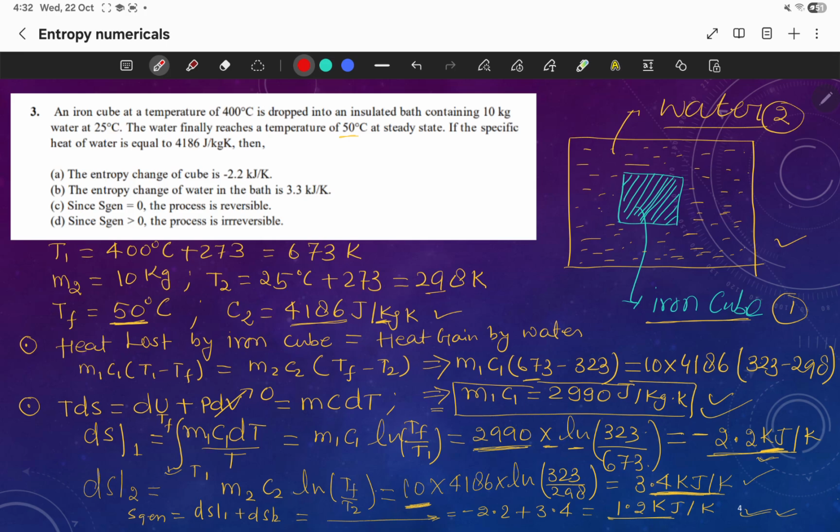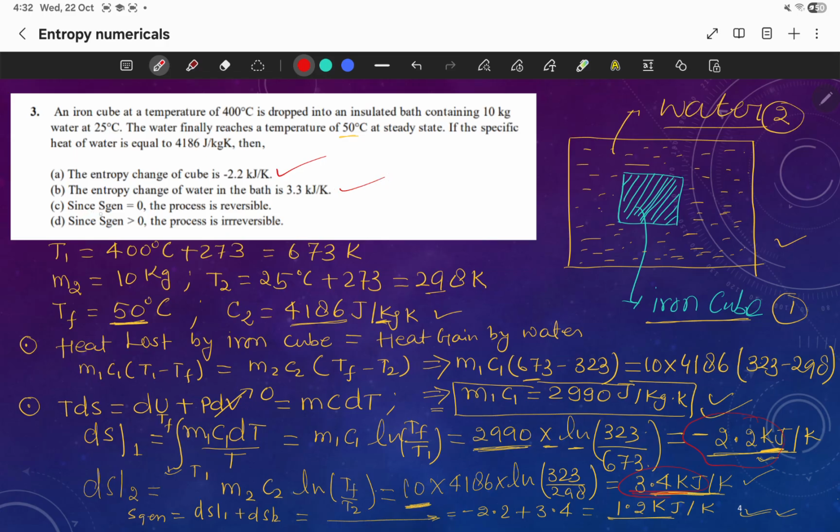Now let's see the answers. Entropy change of the cube is minus 2.2, yes, this is correct. Entropy change of the water bath is 3.3; we got around 3.4, so this is similar and correct.